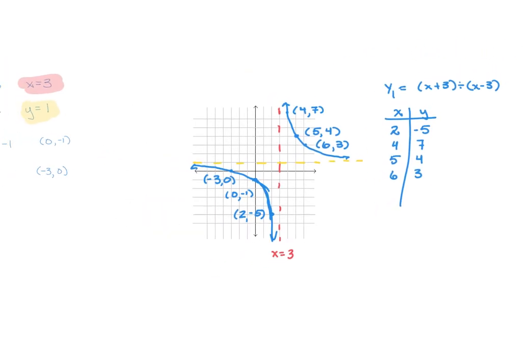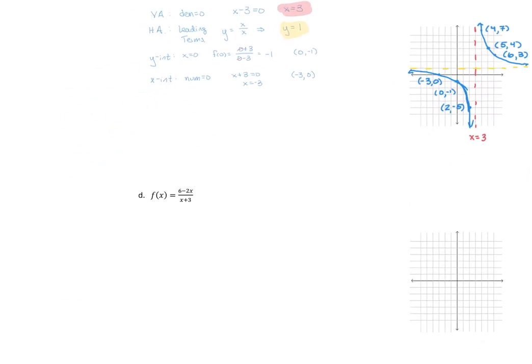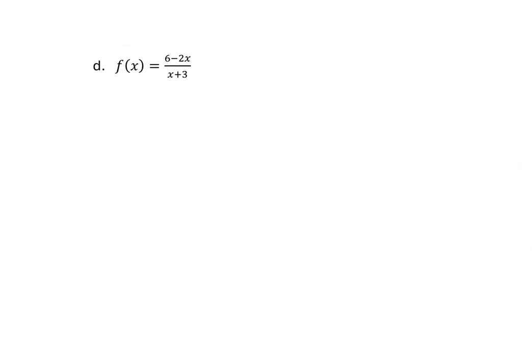All right, let's go ahead and look at the next one. For example D, we have f of x equals 6 minus 2x over x plus 3.